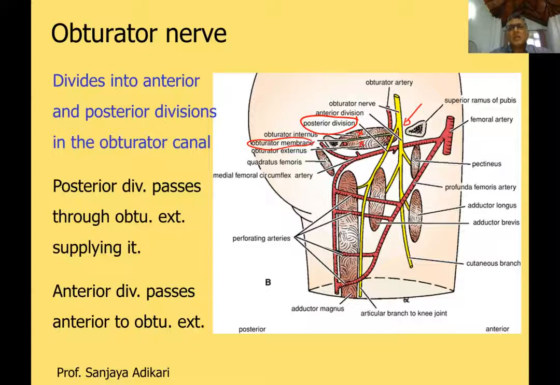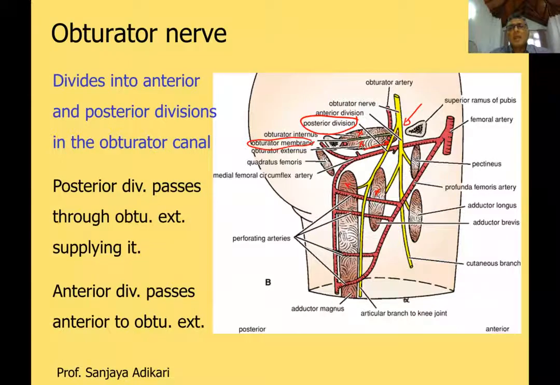The posterior division passes through the obturator externus muscle, as you can see here, before it enters the thigh and lies between the adductor brevis and the adductor magnus muscles, supplying the adductor magnus muscle in that place.